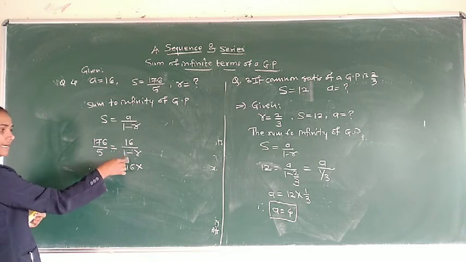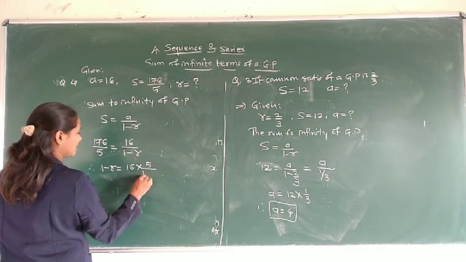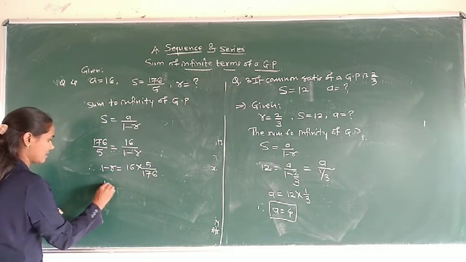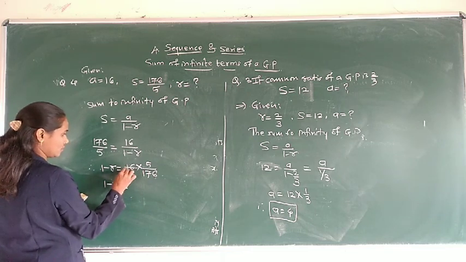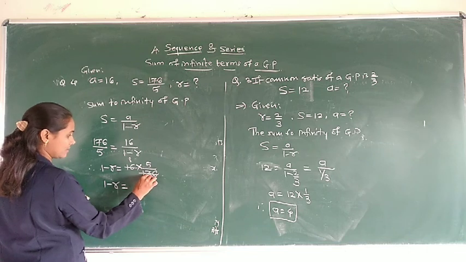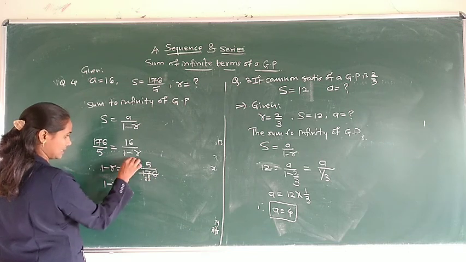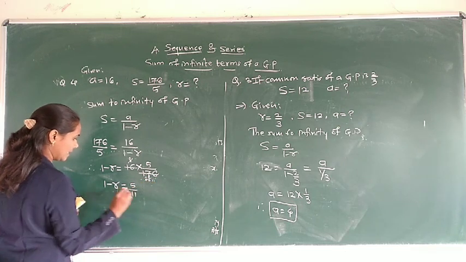Therefore 1 minus r is equal to 16 into 5 upon 176, since the term gets multiplied. Here we divide by 8: 2 eights are 16, again 2 eights are 16, and 8 elevens are 88. That means 1 minus r is 5 upon 11.